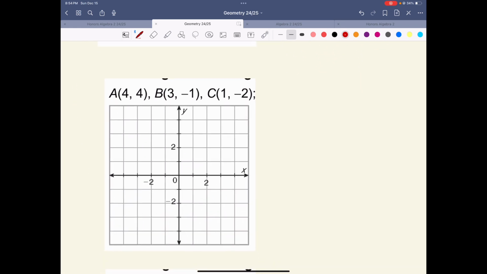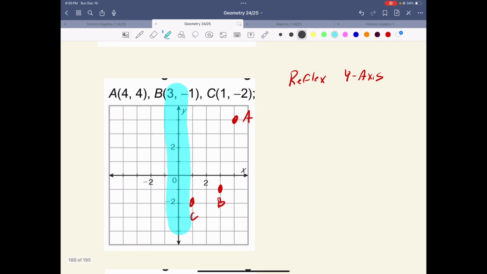Okay, let's take these same points. 4, 4, there's A. 3, negative 1, there's B. And 1, negative 2, there's C. But now we're going to reflect it across the y-axis. So the y-axis, we highlighted that in blue before, so there's the blue.